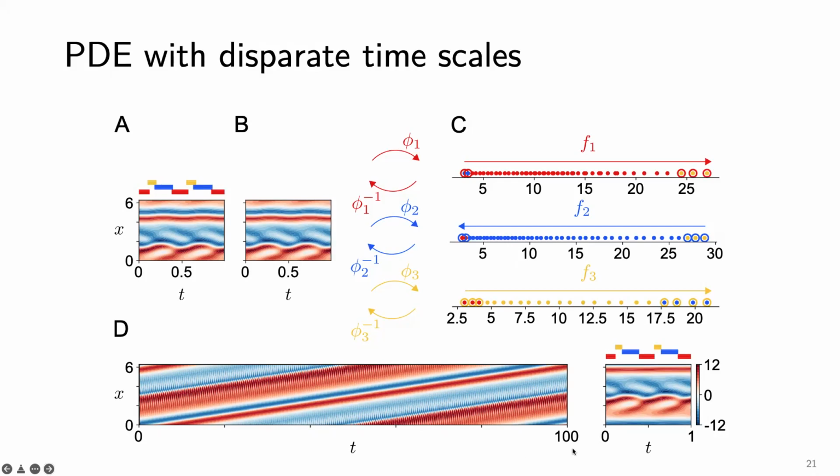And this is enabled by both our representation of the system in terms of patches, and also by factoring out this translational equivariance symmetry that I mentioned previously. And in the end, we get this minimal dimensional, one-dimensional representation, or really two-dimensional representation, since we also learn the phase dynamics of our system.